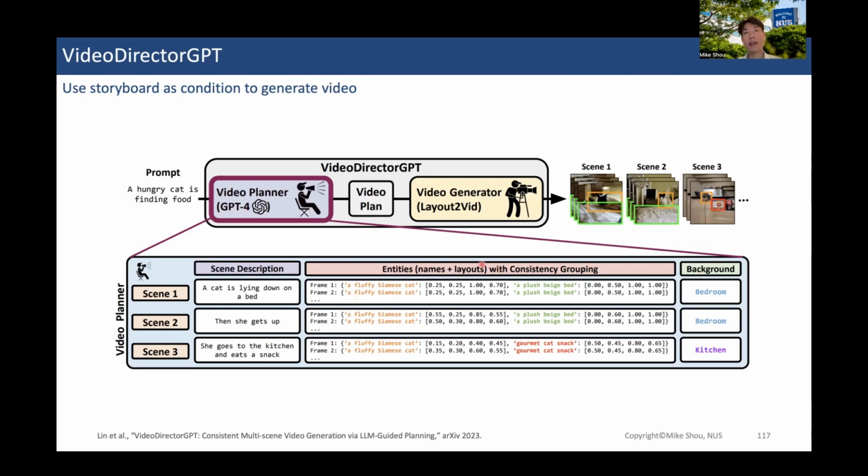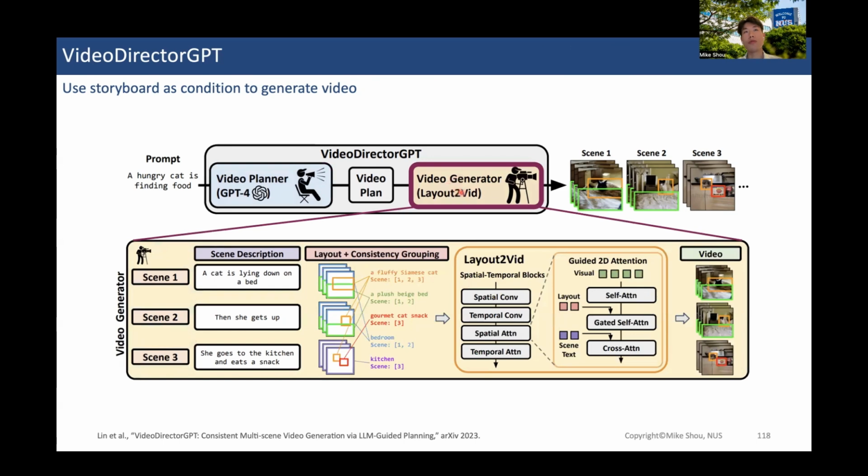And given this, we can use a layout-to-video generation model to generate the real video. Of course, there's something you need to deal with in this layout video generation. For example, for the same object, you want it to be consistent over different frames and scenes.